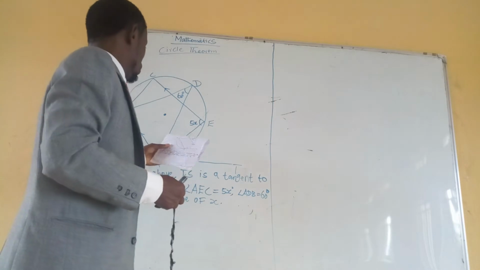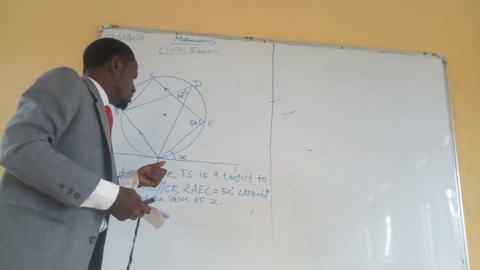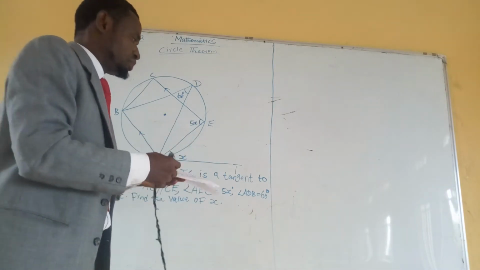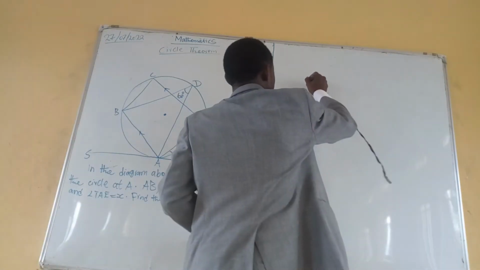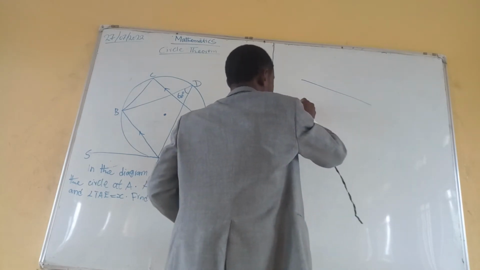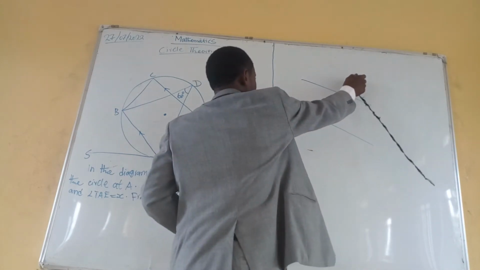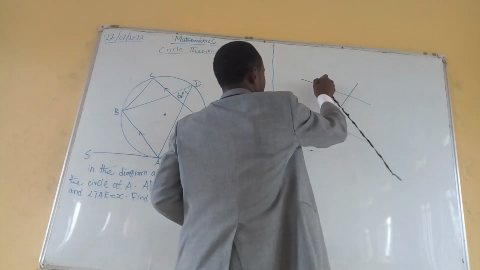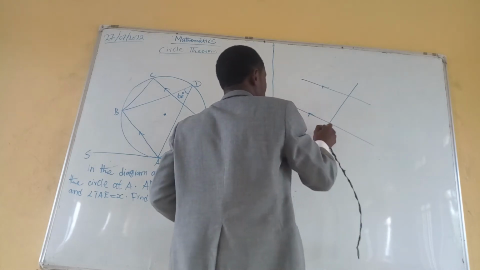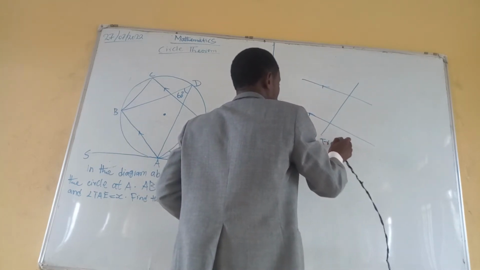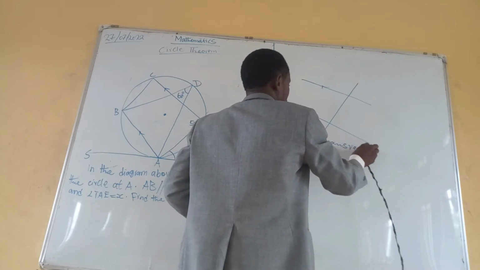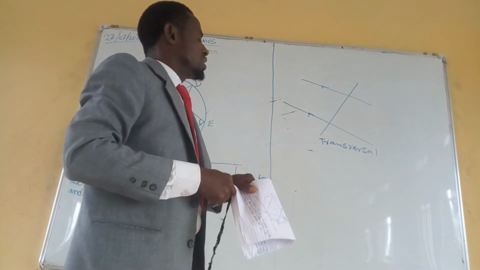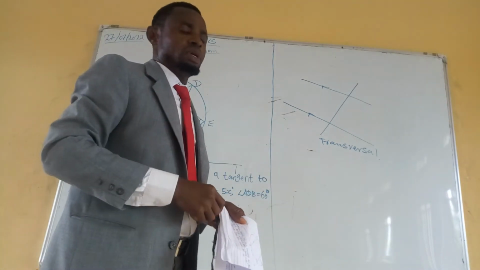Before I continue with this question, I would like to tell you that to solve this problem, you need this idea. If two lines are parallel to each other, and a line cuts across like this, this line is called a transversal. Then there is a theorem here.